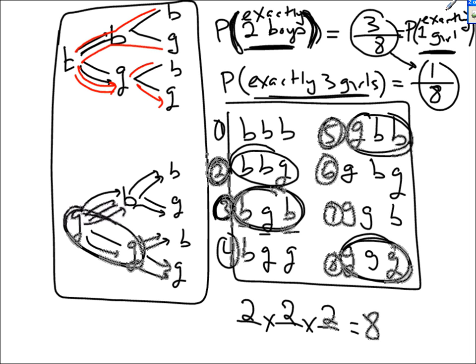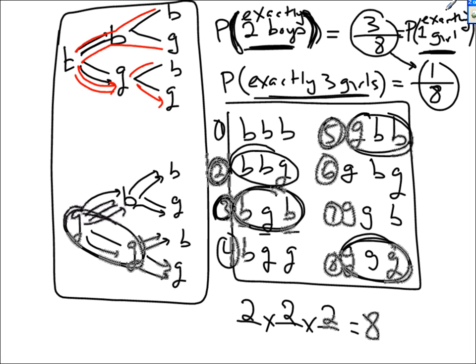Exactly 2 girls. Well, here's one case where you have exactly 2 girls. Here's the second case, and here's the third case. Here, the boy was first. Here, the one boy was second, and 2 girls.